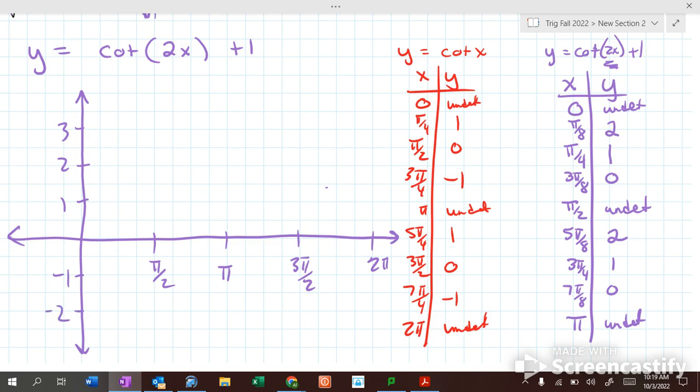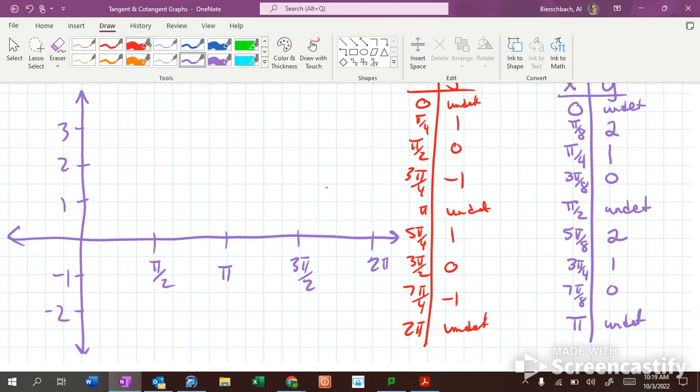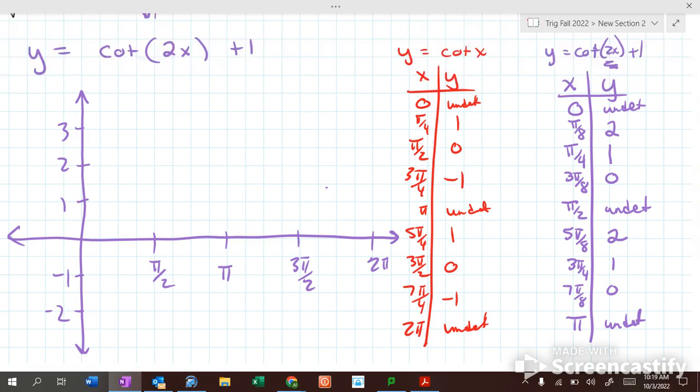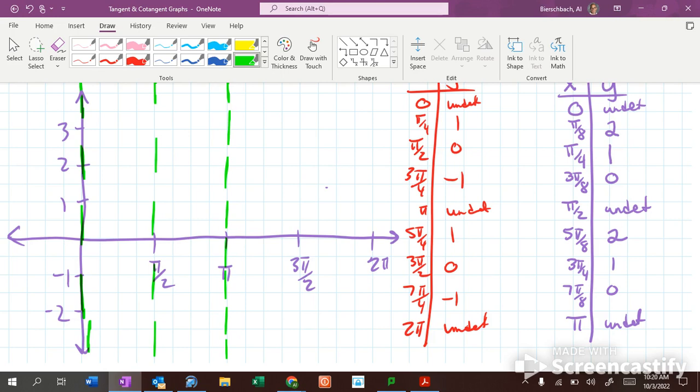All right, so we're going to graph the purple one. My asymptotes are going to be at 0, pi over 2, pi, and at 3 pi over 2 and 2 pi, but I'm not going to graph all those.